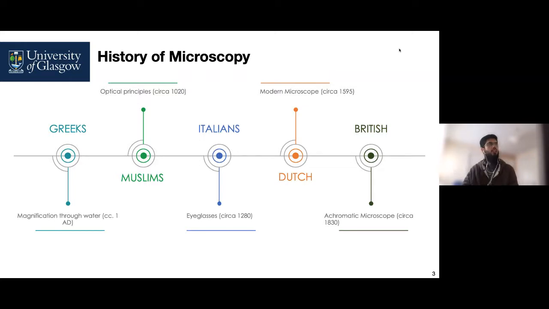And then as we move in time, I think one of the major contributions were made in the golden age of Islam. A very famous scientist, I think we all may know about him one way or the other, Ibn al-Haytham.